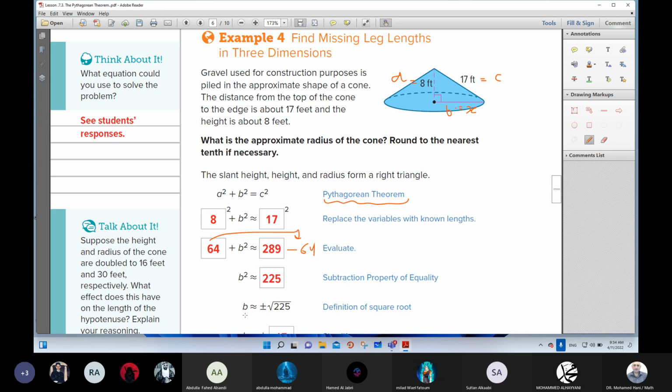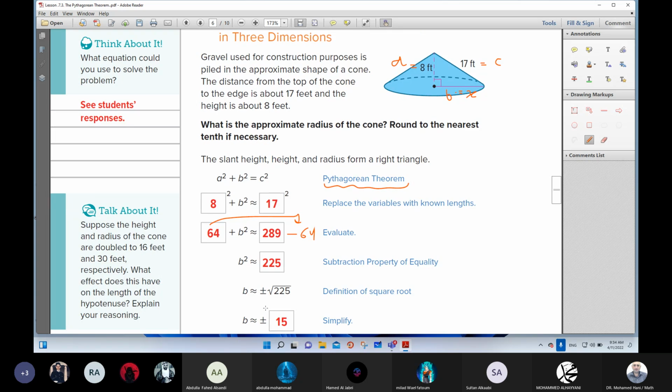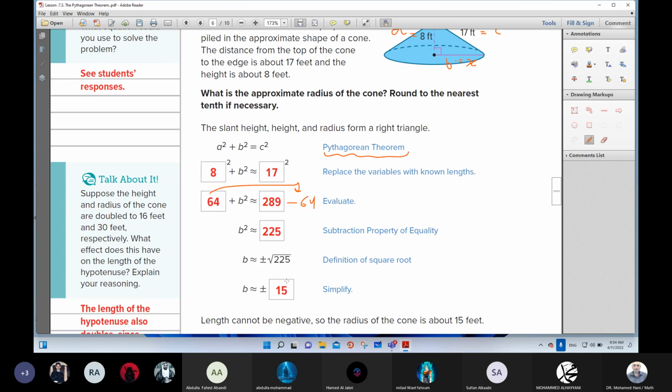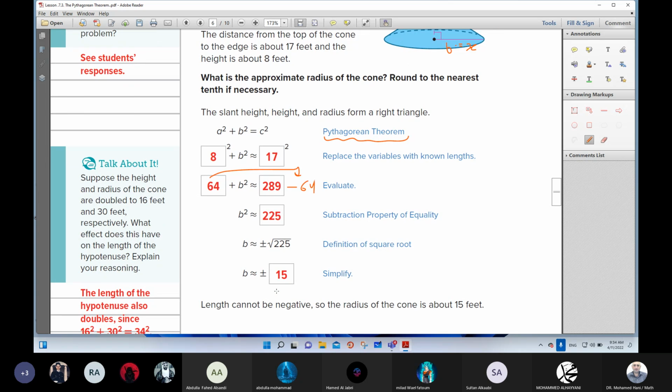So the value of B equals the square root of 225. We have two values, negative and positive. The square root of 225 is 15. So we take the positive value because we have here a leg or side.